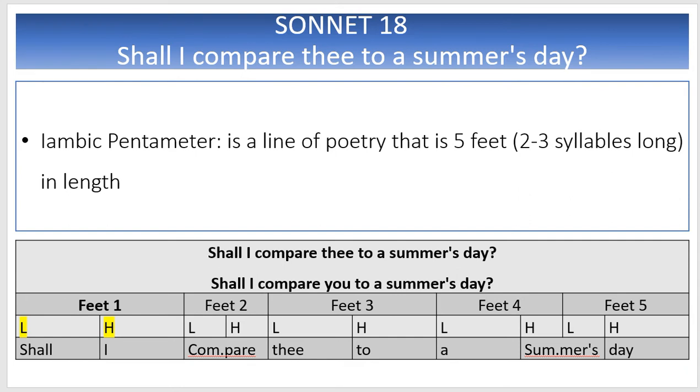The is one syllable, thee is another syllable. The is low in its prosody or intonation, and thee is stressed, with higher prosody. This forms the third foot: shall I compare thee. Here's the third foot.